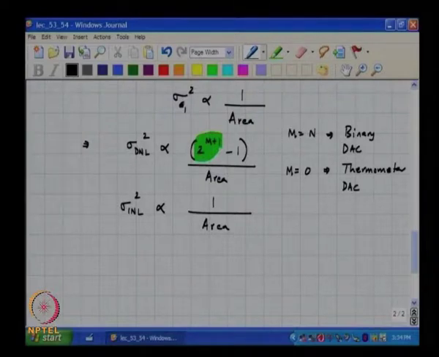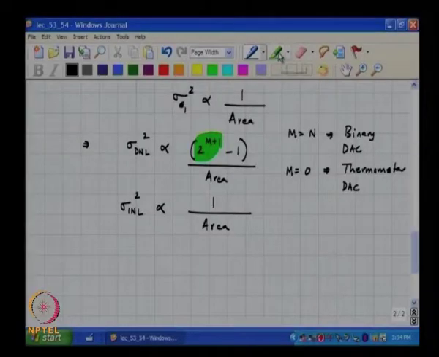As the segmentation becomes 0, in other words, it is a fully binary DAC, we see that the sigma DNL square becomes very large, or equivalently the area of the unit element required to achieve a given sigma DNL becomes approximately 2 to the m plus 1 divided by the desired sigma square.